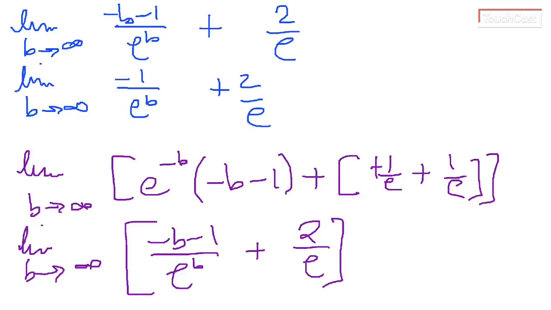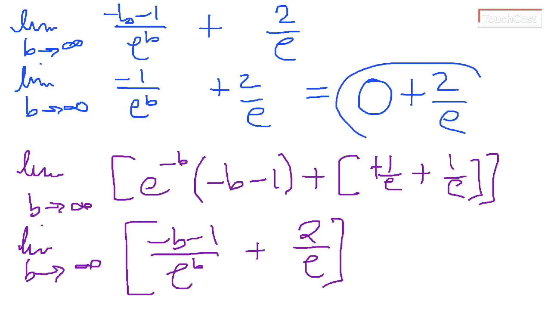And now I can see as b gets very, very big, the denominator of that first fraction is going to get big, which is going to make negative 1 over e to a very big thing, very close to 0. And that ends up being the limit as b goes to infinity of negative 1 over e to the b is 0, plus the 2 over e that wasn't at all perturbed by b's. So I would say there you go, my final answer, 2 over e.